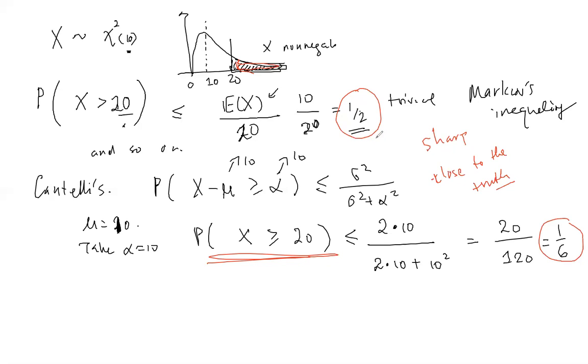Which one should be closer? This one or this one? Which bound is sharper, the Cantelli or the Markov in this case?